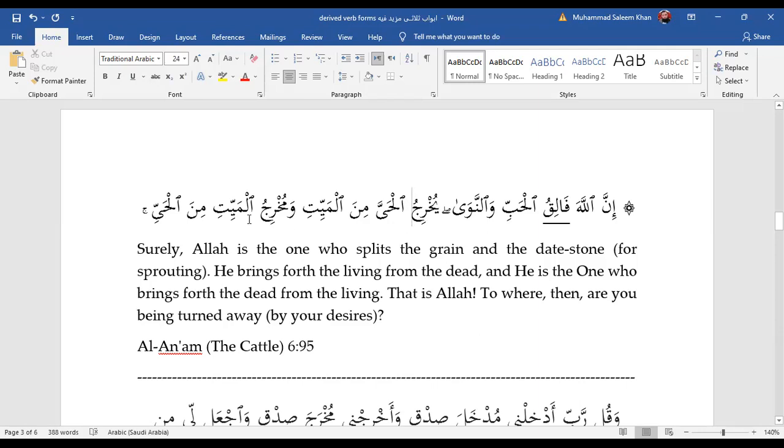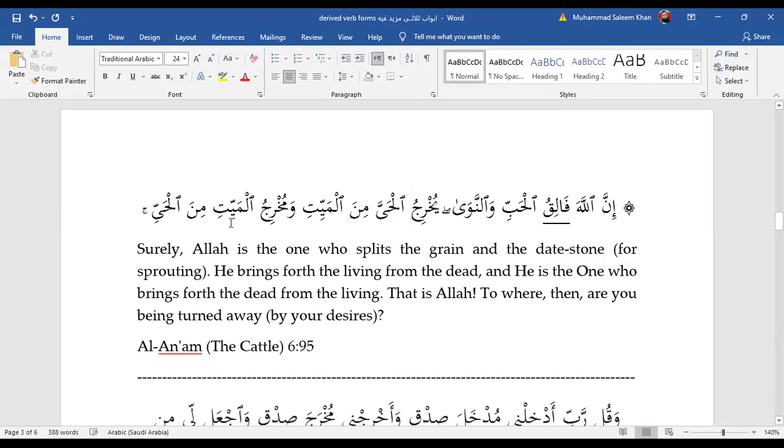Then if you see here, mukhrij al-mayyiti, mukhrij is a noun, and a noun is permanent, and al-mayyit, death, is also permanent, right? So that's why with death there is the use of mukhriju, the one who brings out, because yukhriju and mukhriju both mean the one who brings out. But with life there is a use of a verb, because life changes and the verb changes.